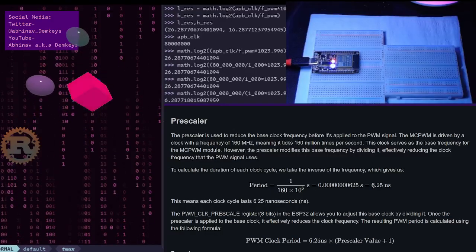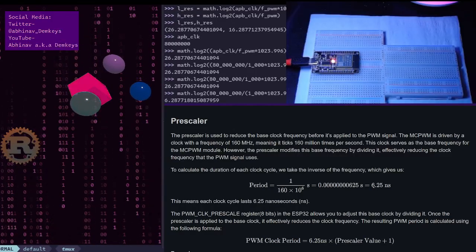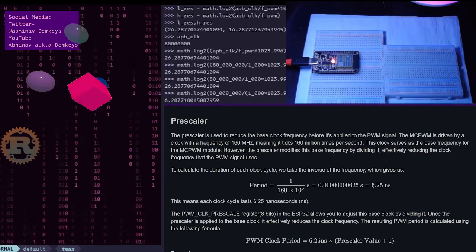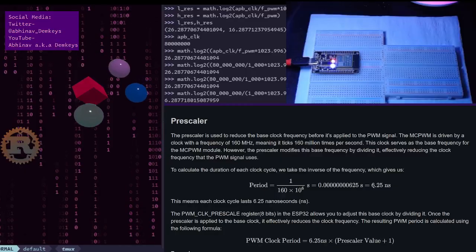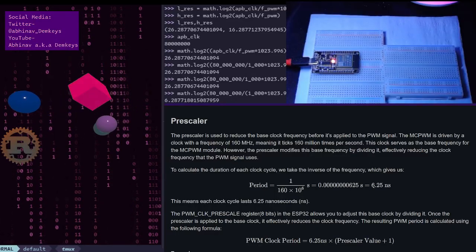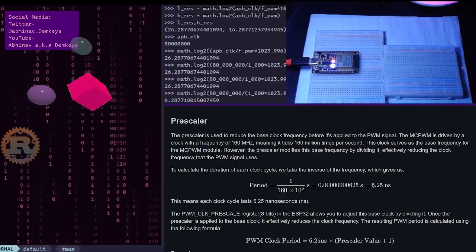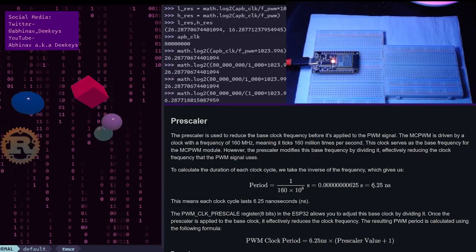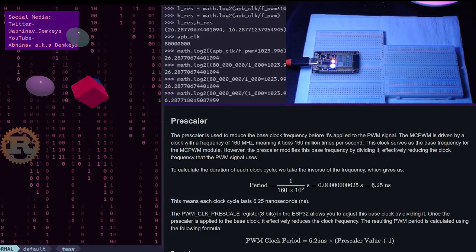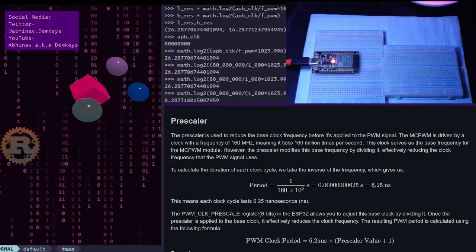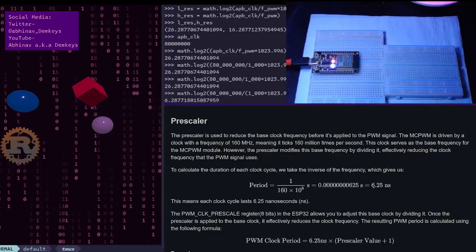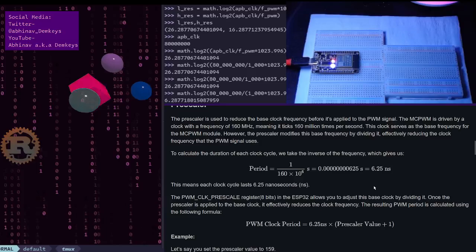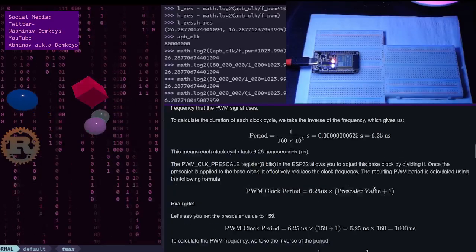Oh, because as the frequency becomes bigger, the amount of time that each cycle spends within a second becomes smaller. That's why. Okay. So we have 80 million, and when we double that, then the time that a tick takes becomes half. Okay, this means each clock cycle lasts 6.25 nanoseconds.